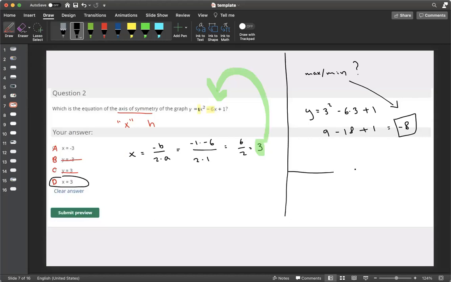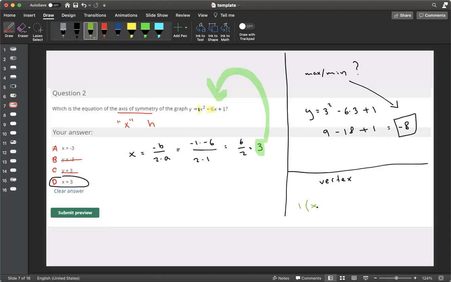Something else that we need to know is, what if they asked us, what is the vertex form? Because sometimes they'll ask, give me the vertex and give me axis of symmetry, or give me the vertex and give me a maximum or min. So for our vertex form, that is going to be a times x minus h squared plus k. So our a value is 1.